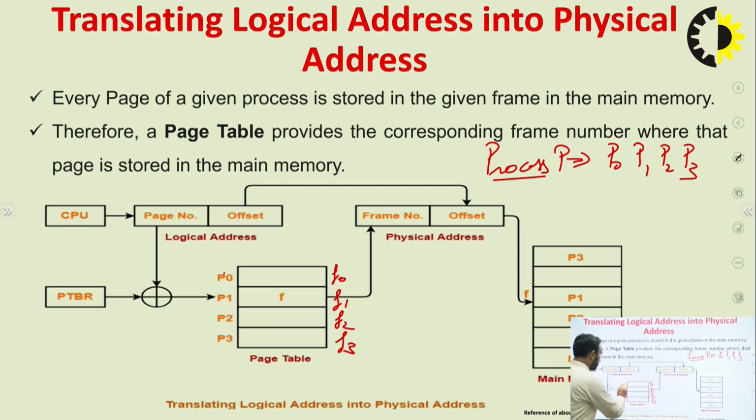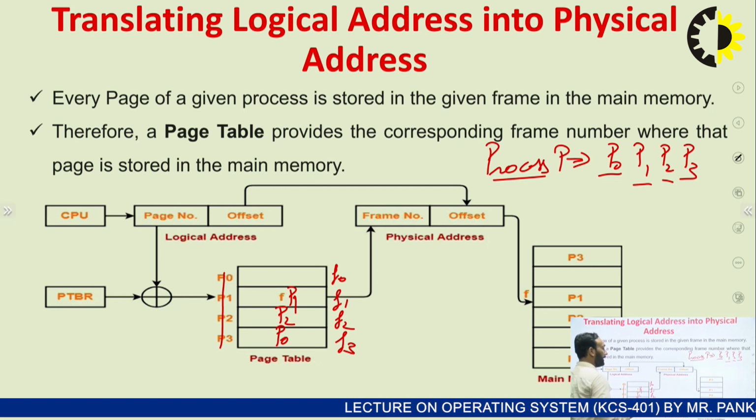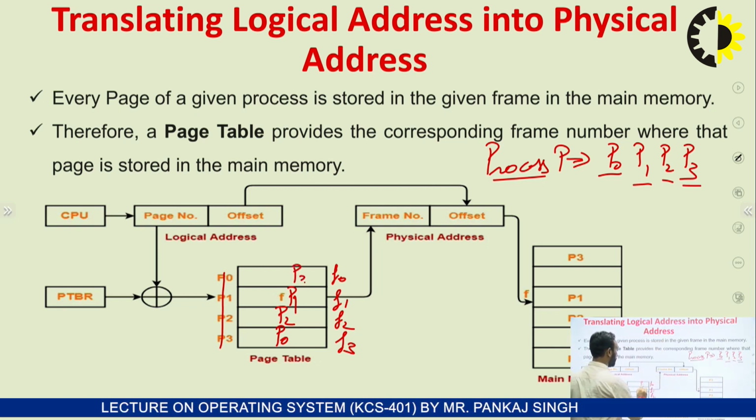For now, don't consider that. I write here some page numbers. For example, P0 lies in the location of frame 3. Likewise, P1 lies at the second position, P2 at the first position, and P3 lies at position 0.